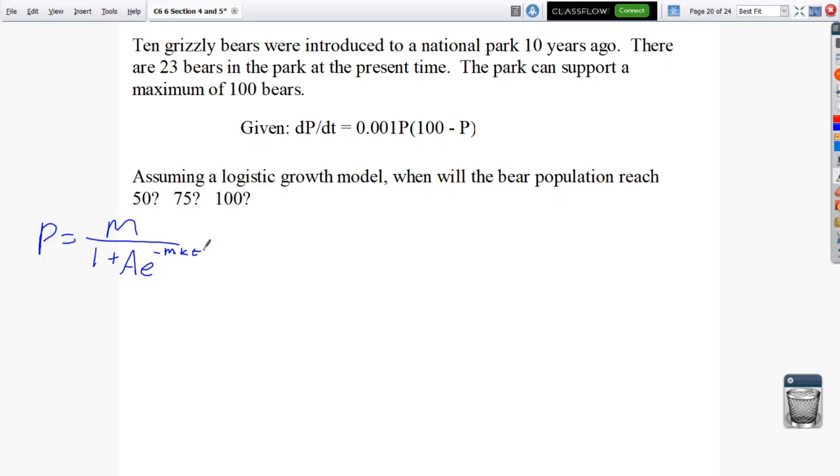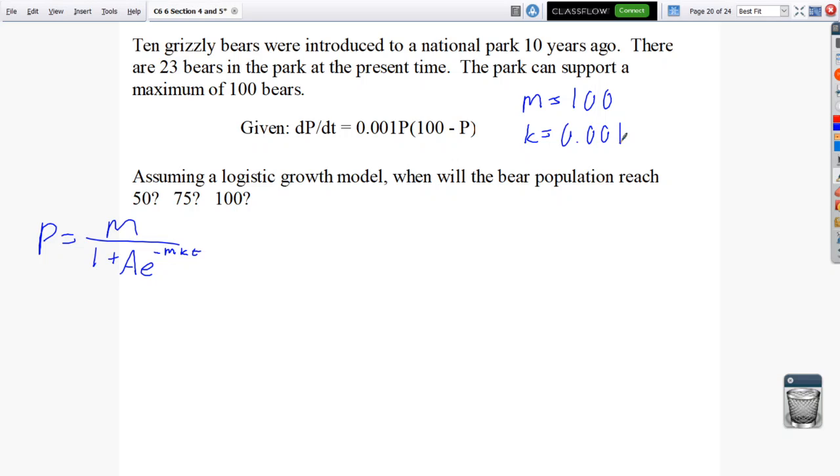I can look through this equation and find my maximal carrying capacity. Again, however I want to do it, I look for where I have a population growth of 0. That's if I plug in 100 there. And my k is equal to 0.001.